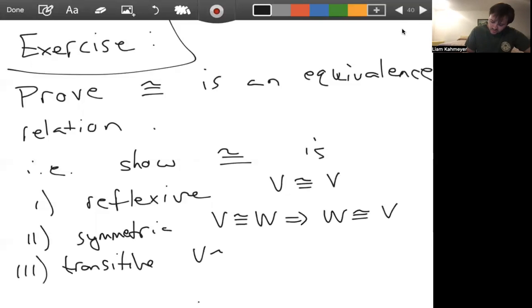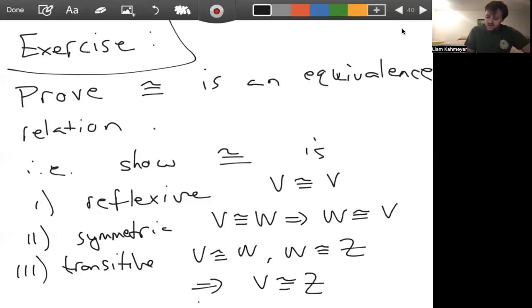Meaning if there's an isomorphism between V and W and an isomorphism between W and Z, not the integers, this implies that there's an isomorphism between V and Z, right?